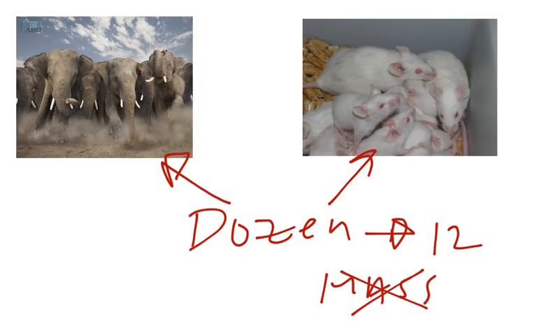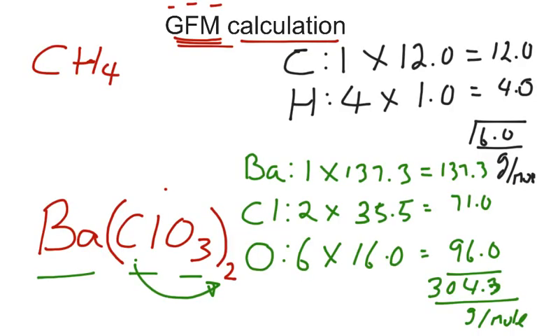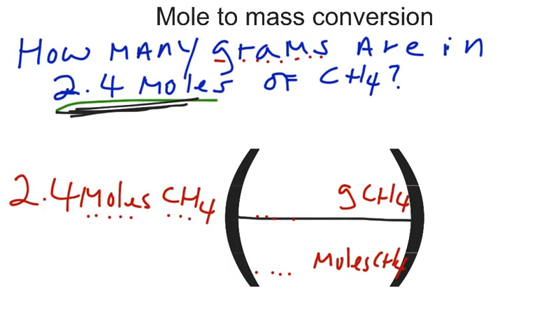So we need the GFM of CH4. And the GFM of CH4 we conveniently calculated over here, which is 16 grams per mole. Okay? So what's going to go in the top, guys, is 16.0 grams. That's the GFM of CH4.